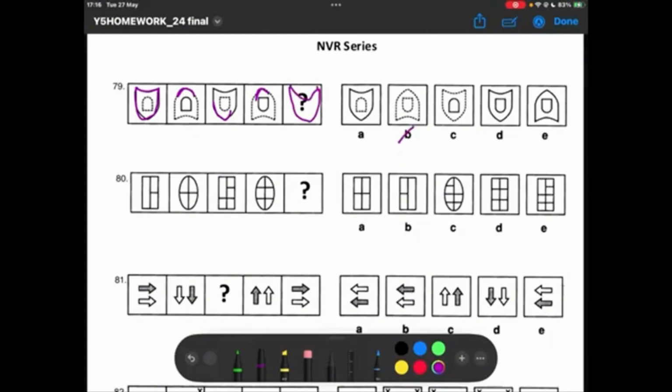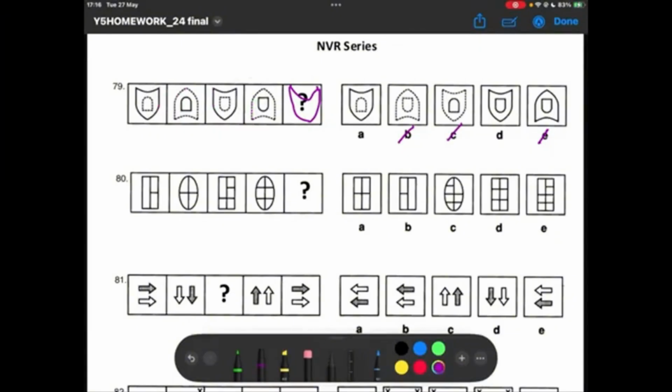So we can rule out B and E because they're pointing upwards. And now let's determine whether it's dashed or undashed. So undashed, dashed, undashed, dashed. So it's going to be undashed here. So we can rule out C. So now it's between A and D.